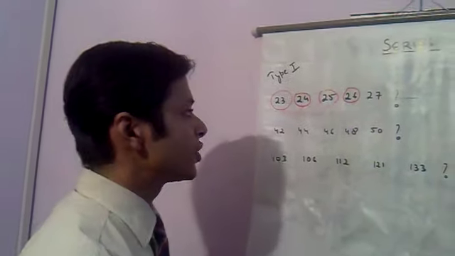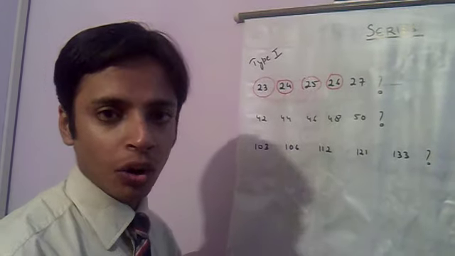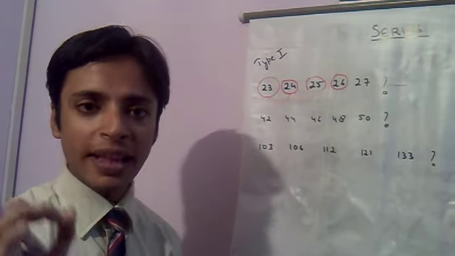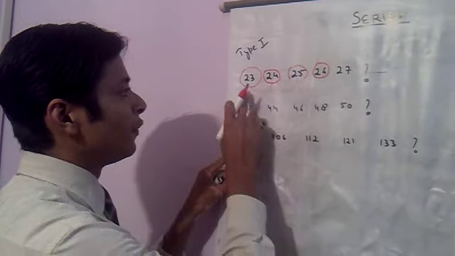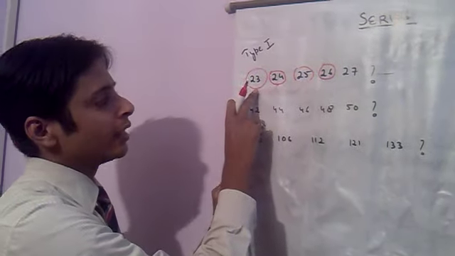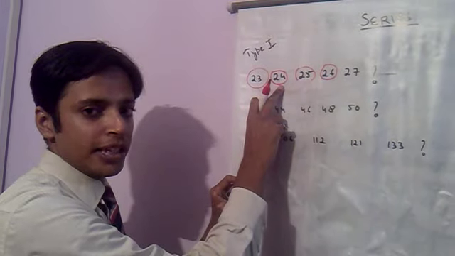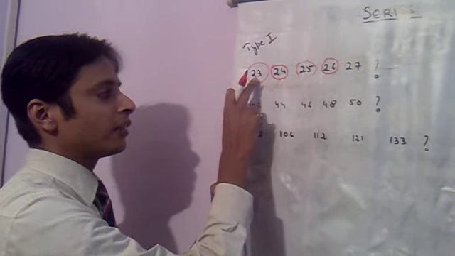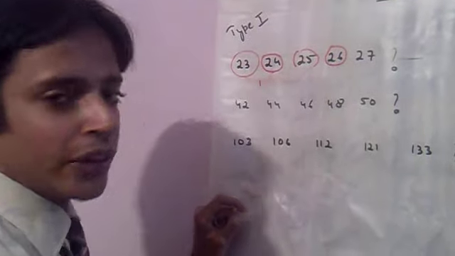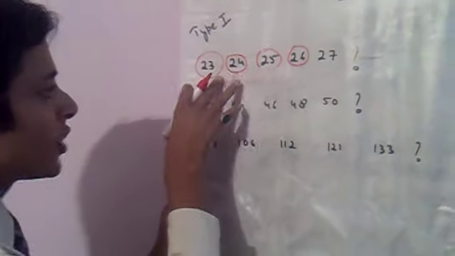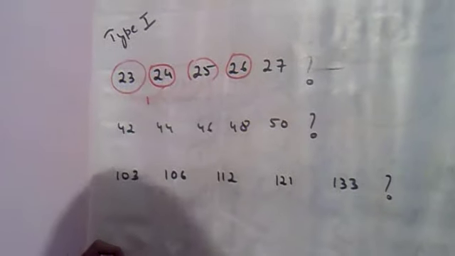First of all, for checking, what do we have to do? The first pre-requirement is to subtract the first number of the series from the second number of the series. Here we have to subtract 23 from 24. Here we get 1, and the difference that we get, we write just underneath between the two numbers.